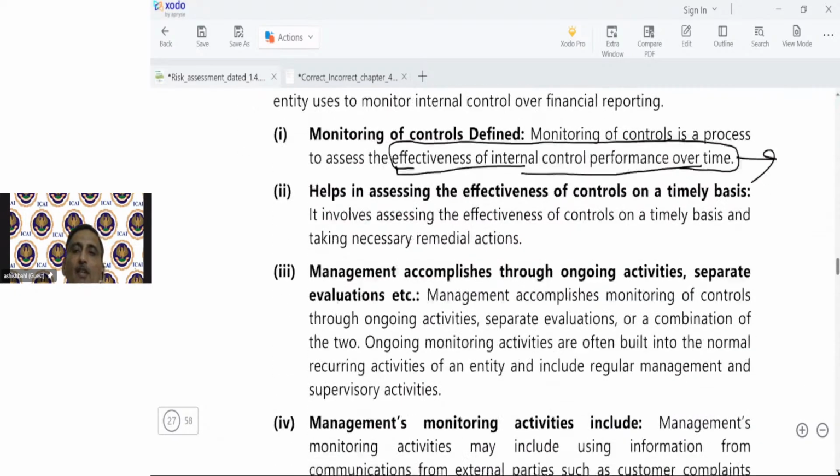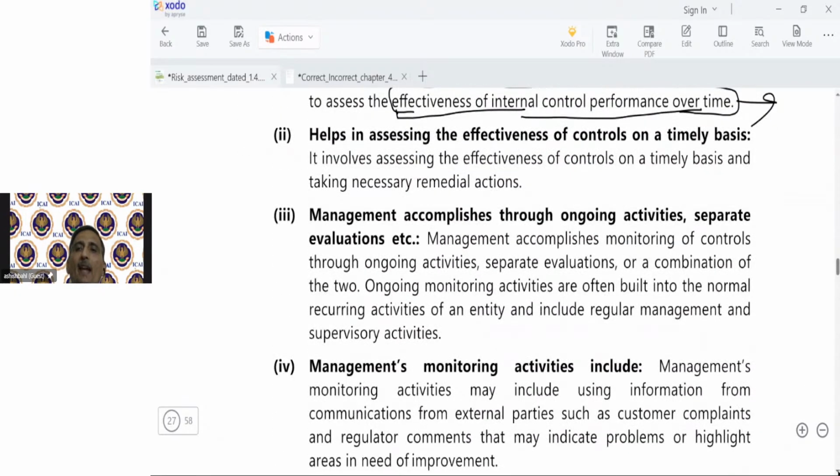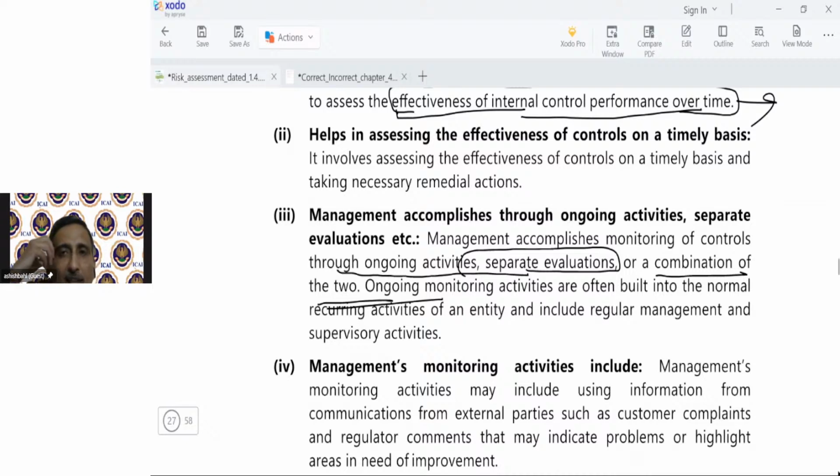It means evaluation. So management accomplishes monitoring of controls through ongoing activities, separate evaluations, or a combination of the two. Okay, in whichever way, management can monitor it. It can separately evaluate, or as the controls are put into operation, the evaluation process also goes on simultaneously.